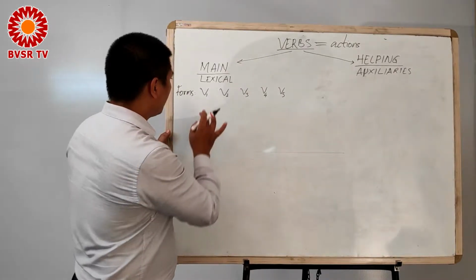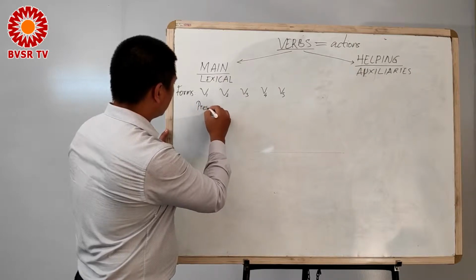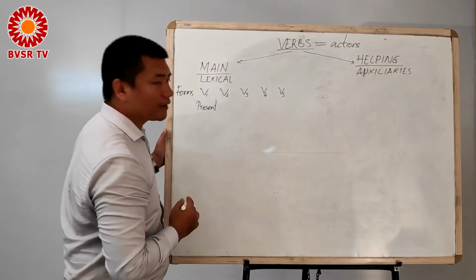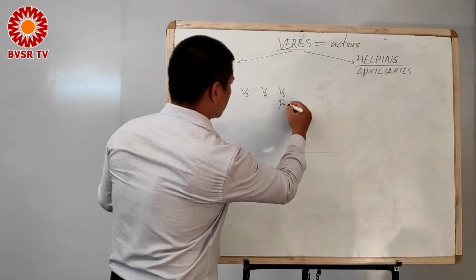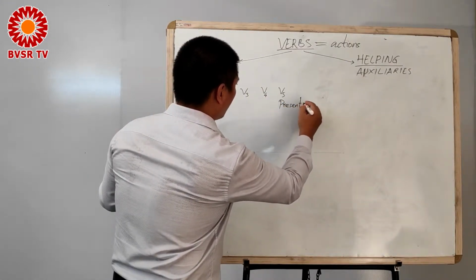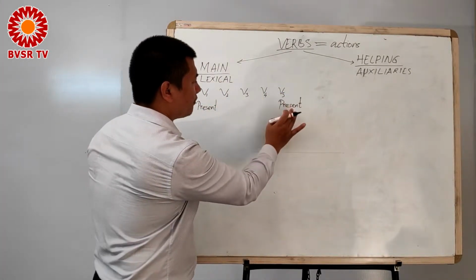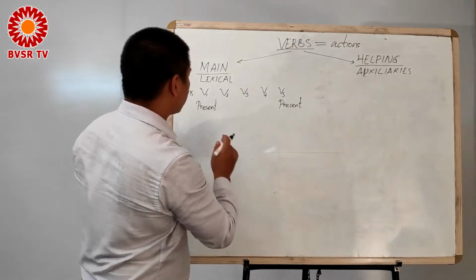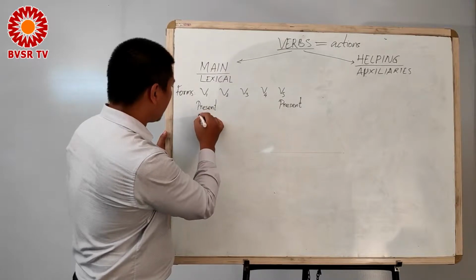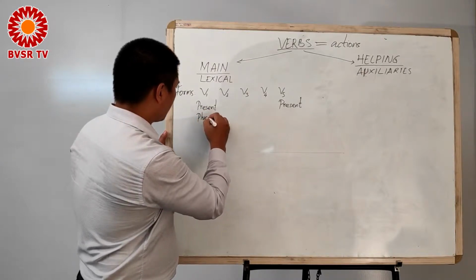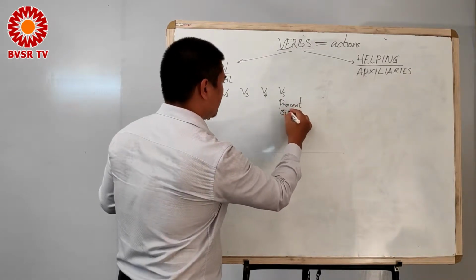Verb 1 is present. V5 is also present. Keep in mind, V5 is also present. So we have two presents here. V1, verb 1, present, and verb 5, present. But yes, guys, V1 and V5 are totally different. Why are they different? Because V1 is present and plural, and V5 is present and singular.